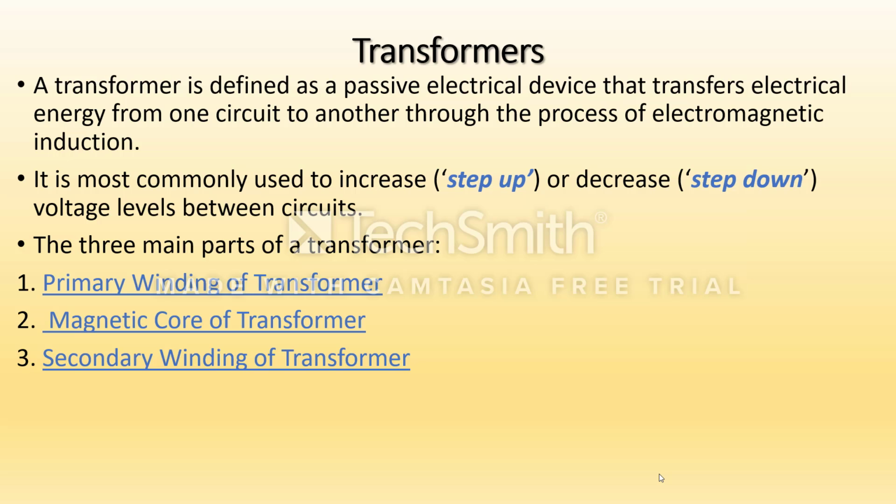We have two types: step-up transformers, which increase voltage levels, and step-down transformers, which decrease voltage levels. Three parts of transformers are primary winding, magnetic core, and secondary winding.